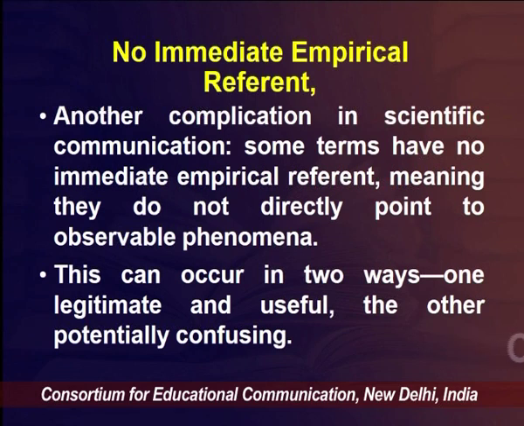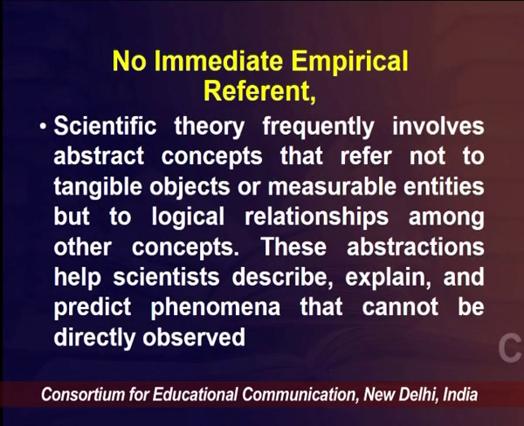Another problem is that there is no immediate empirical referent. The complication in scientific communication is that some terms have no immediate empirical referent, meaning they do not directly point to an observable phenomenon. This can occur in two ways, one legitimate and useful, the other potentially confusing.